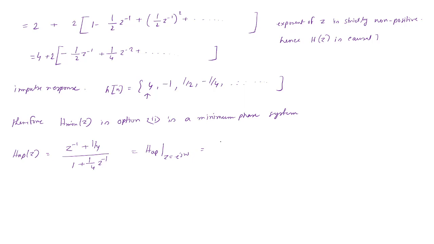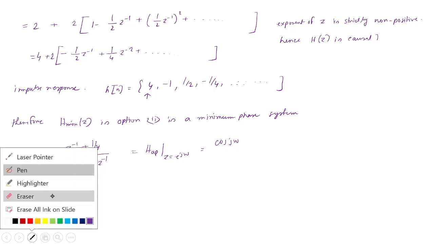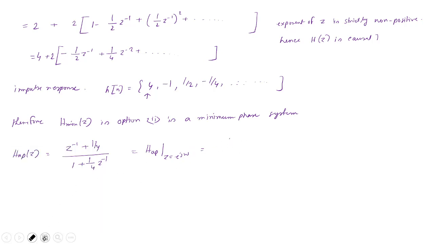And e to the power j omega, we can directly write as cos omega minus j sin omega, plus 1 by 4, over 1 plus 1 by 4 cos omega minus 1 by 4 j sin omega.